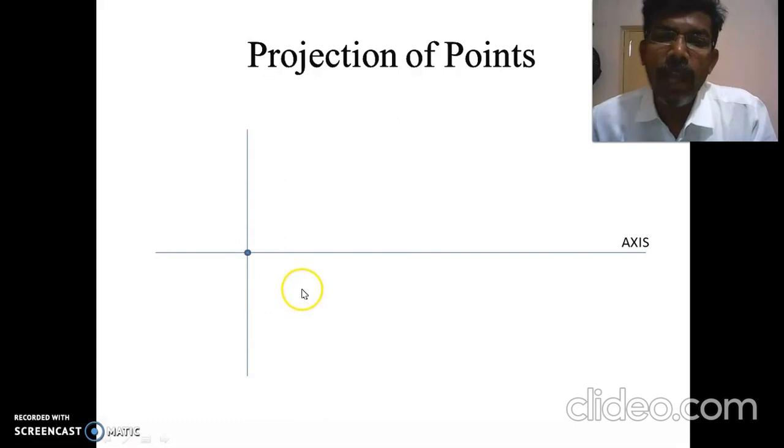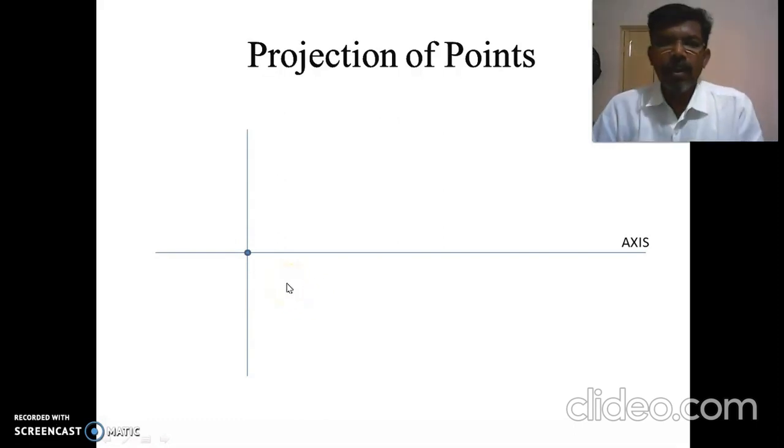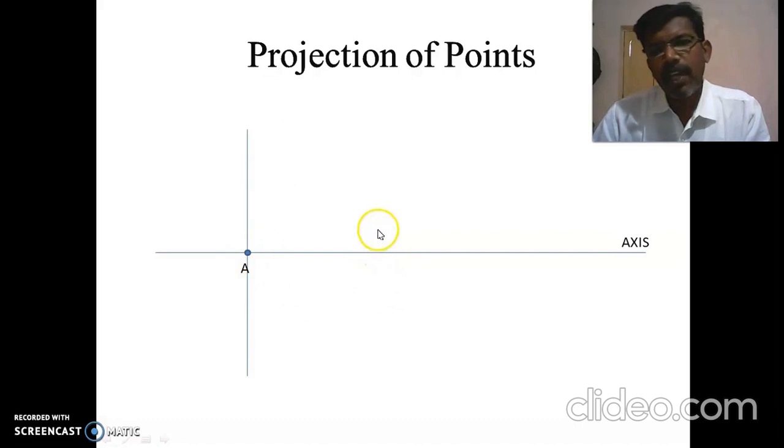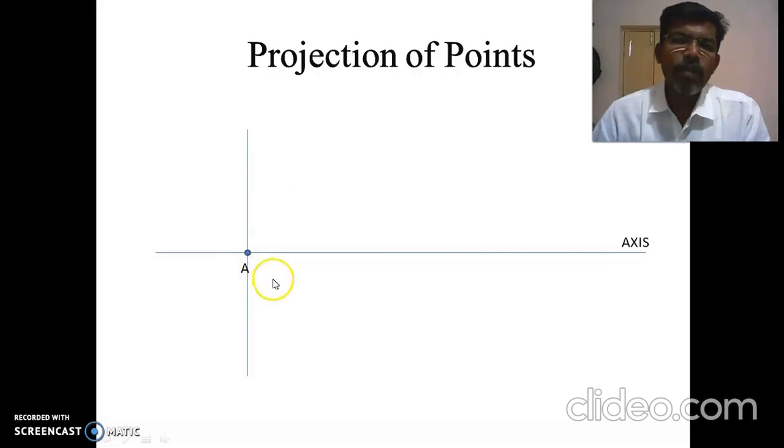So now I am placing a point here, that is A. This point A is in both the planes. So once again you are looking at the point A, and where does it appear? In the same place you get A as well as A dash, front view and top view also.